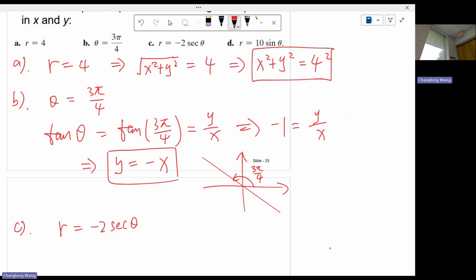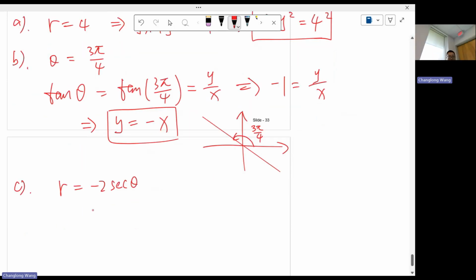You guys probably don't remember all the identities, but you remember most of them. You all know sine squared plus cosine squared equals 1, but now you know the other version, right?